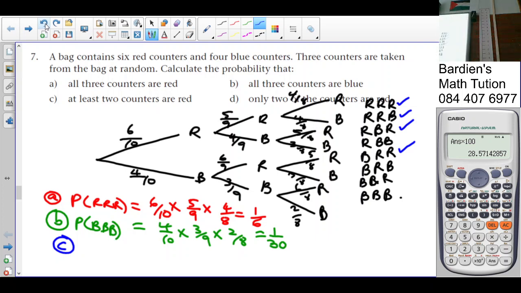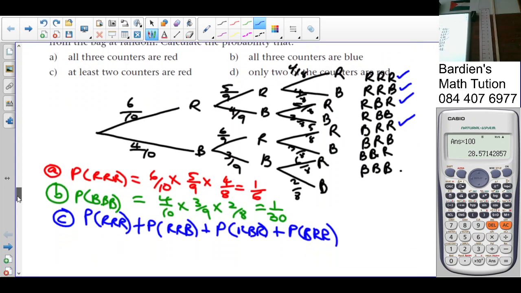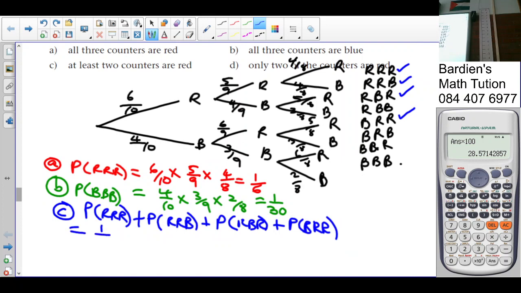So, if you're going to look at this here, it's going to be the probability of RRR, which I do have, plus the probability of RRB, plus the probability of RBR, plus the probability of BRR. Okay? The first probability we have calculated already to be 1 out of 6. Not going to do it again. RRB, so it's going to be 6 out of 10 times 5/9 times B, which is 4/8.